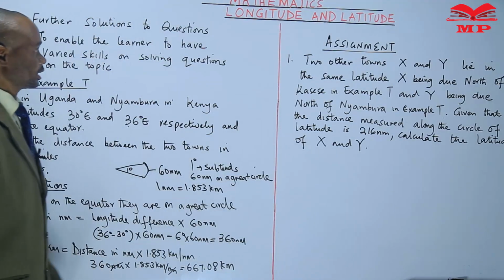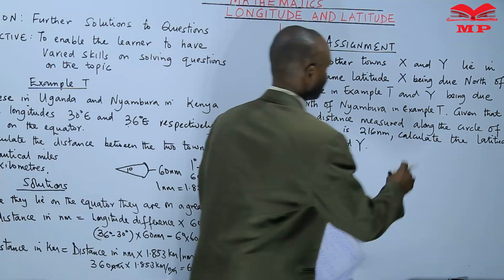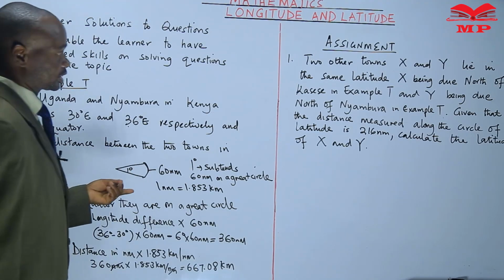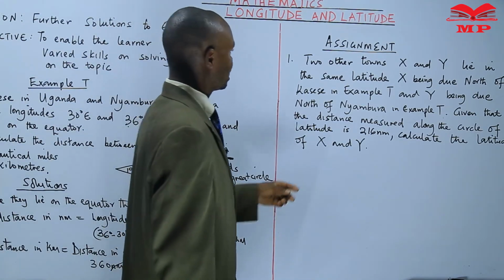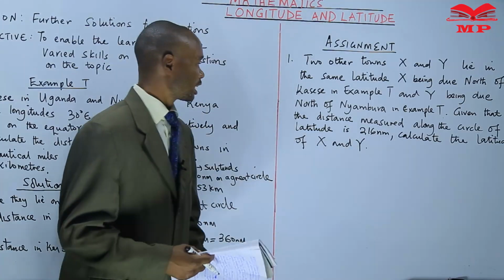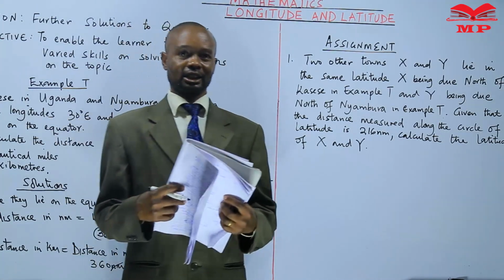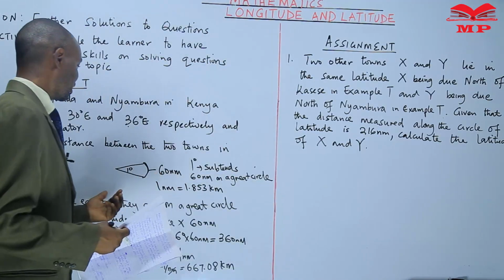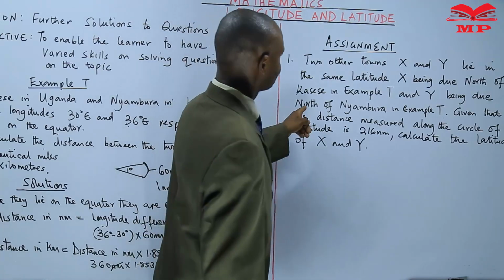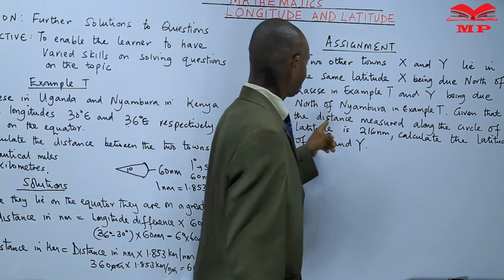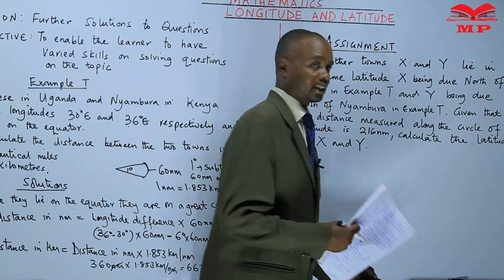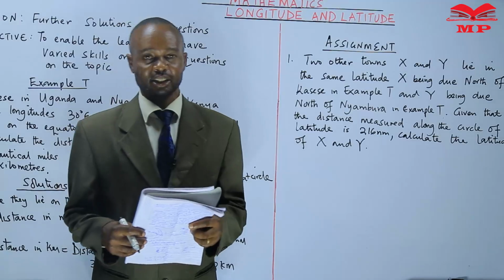Two other towns, X and Y, lie in the same latitude, X being due north of Kasese in example T, and Y being due north of Nyambura in example T. Given that the distance measured along the circle of latitude is 216 nautical miles, calculate the latitude of X and Y, meaning that they lie in the same latitude.